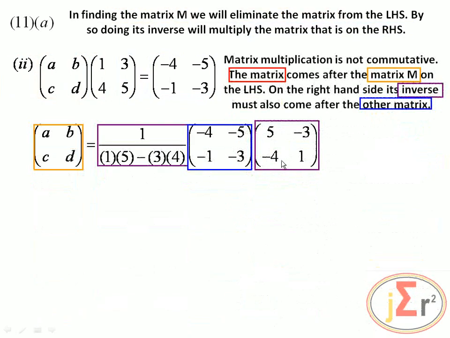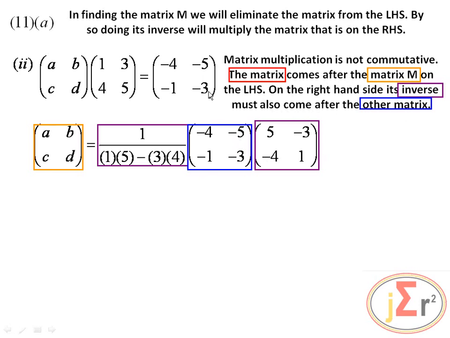There we have it. The matrix multiplication is not commutative. This matrix comes after the matrix M on the left hand side. On the right hand side, its inverse must also come after the other matrix, which is this one.